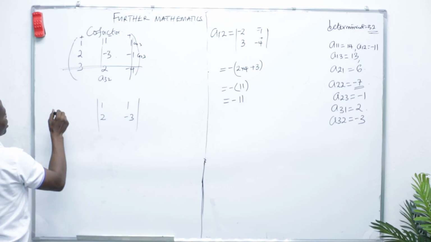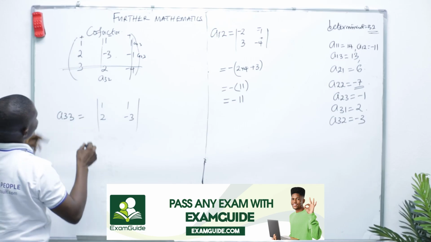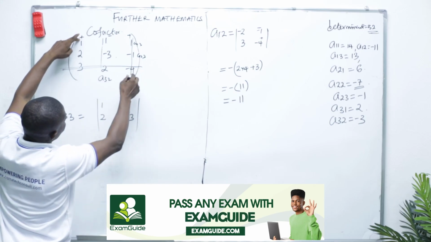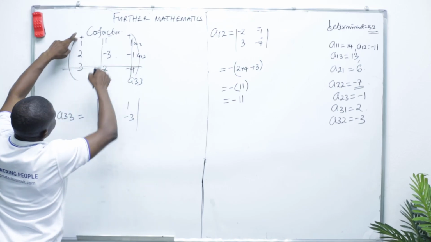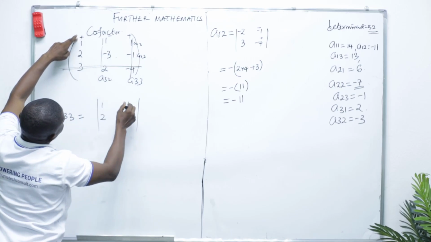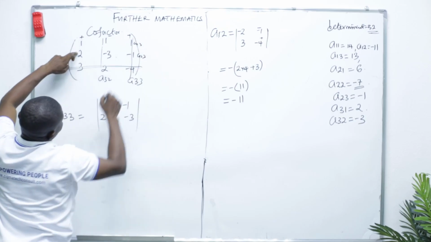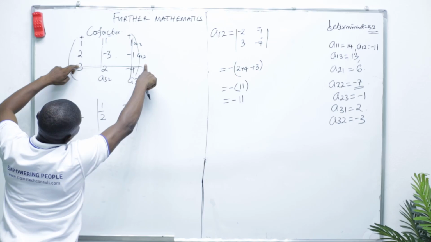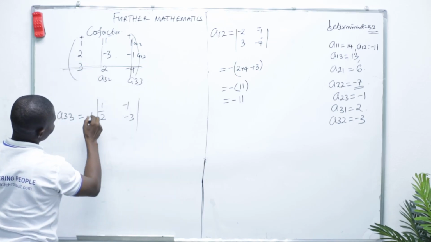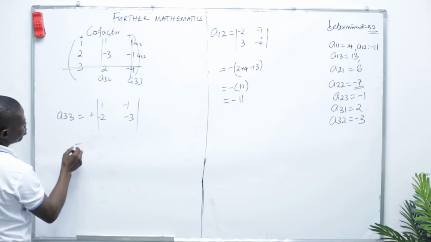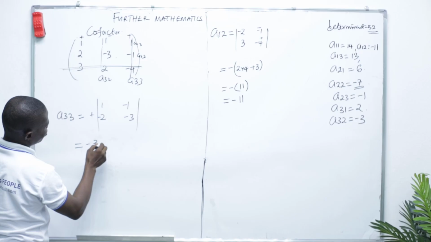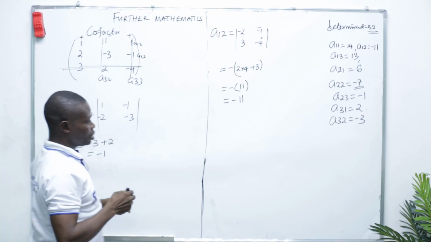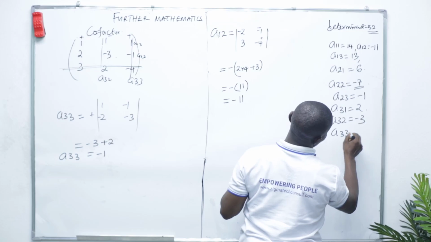We still decide the sign that will be assigned to this place, plus. A33 is minus 1. A33 equals minus 1.